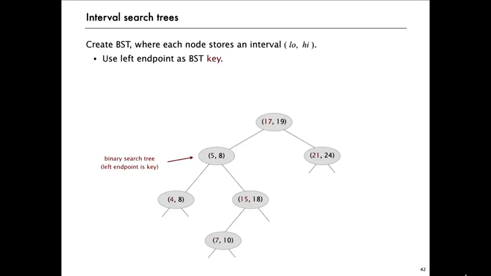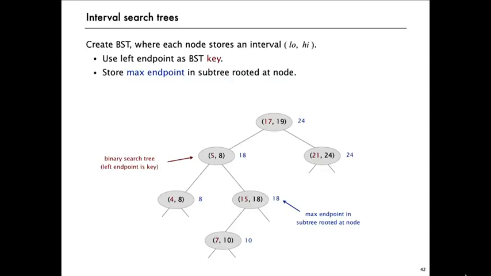This is the binary search tree that's built from those 6 intervals in our example. 17, 19 is at the root, so everybody with a left endpoint less than 17 is to the left, and everybody with a left endpoint greater than 17 is to the right, and so forth. So that's a binary search tree built from those intervals. Just use the left endpoint as the search key.